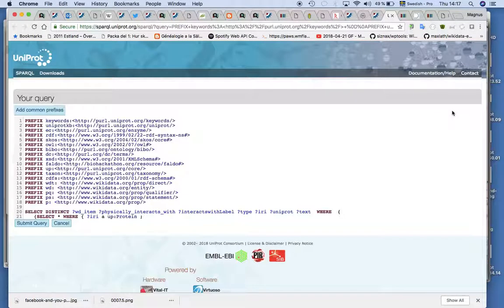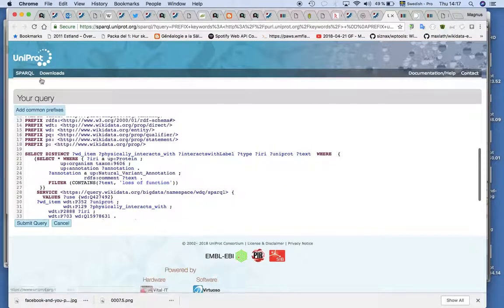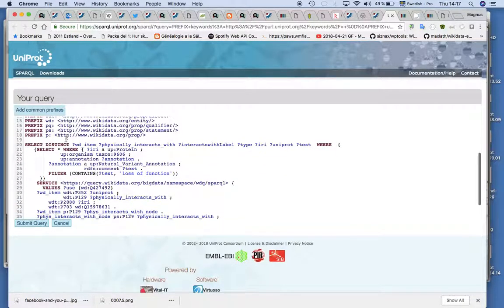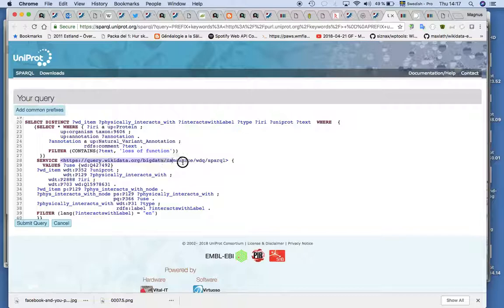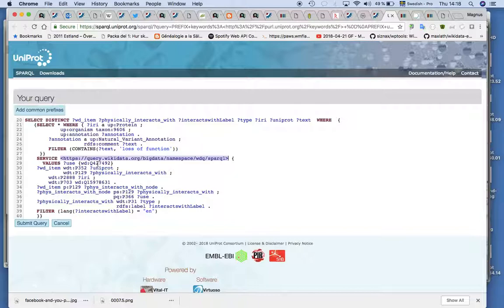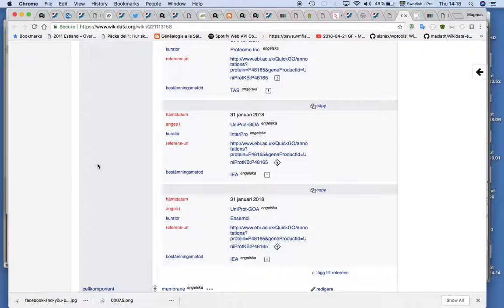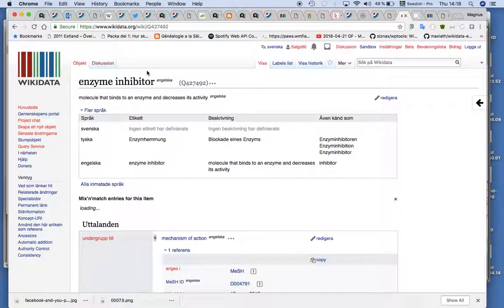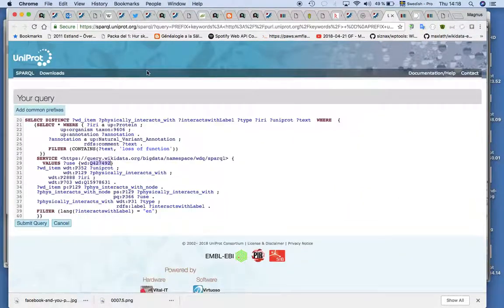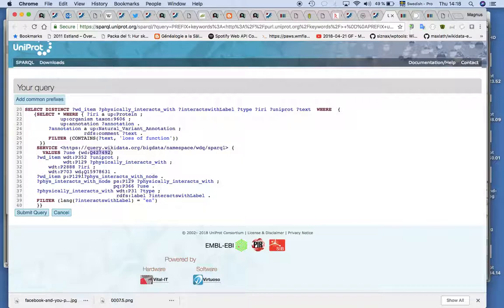So if you look at the query, we are at the Wikidata. No, we are at Uniprot's SPARQL, and we send in this query, and they have set up a service to the endpoint of Wikidata, and they say use Q492, which is enzyme inhibitor, and then they give back the result by submitting the query.